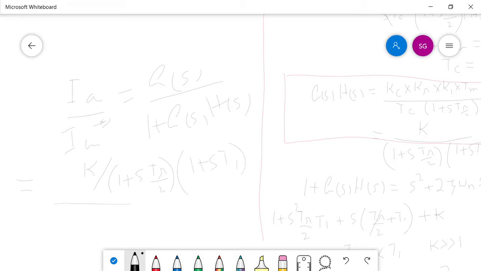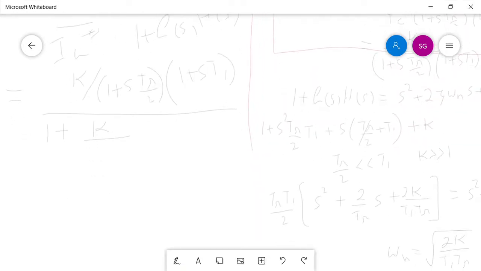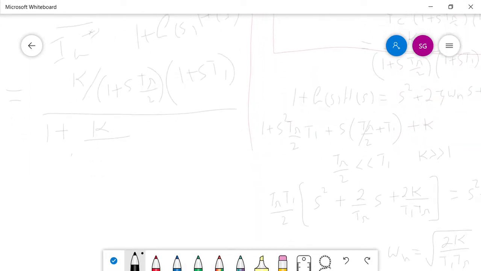This will be multiplied by 1 plus K upon 1 plus STr by 2 into Hc, which was also there as a feedback, 1 plus ST1.